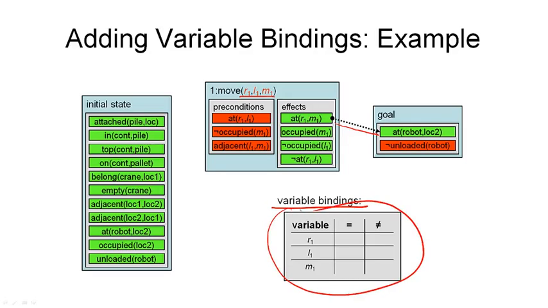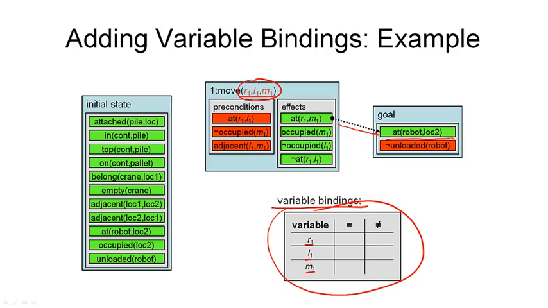So this is the table of variable bindings we maintain, and it contains the three variables we've just introduced, R1, L1 and M1, and there's no constraints on these variables. Note that I've shown the variables in the operator as red because there's no indication what values these might have. But of course they need to have specific values to support the goal conditions we want to support.